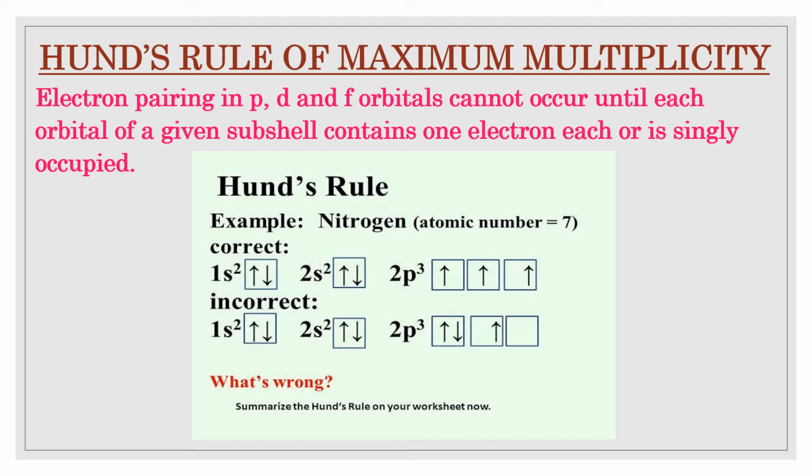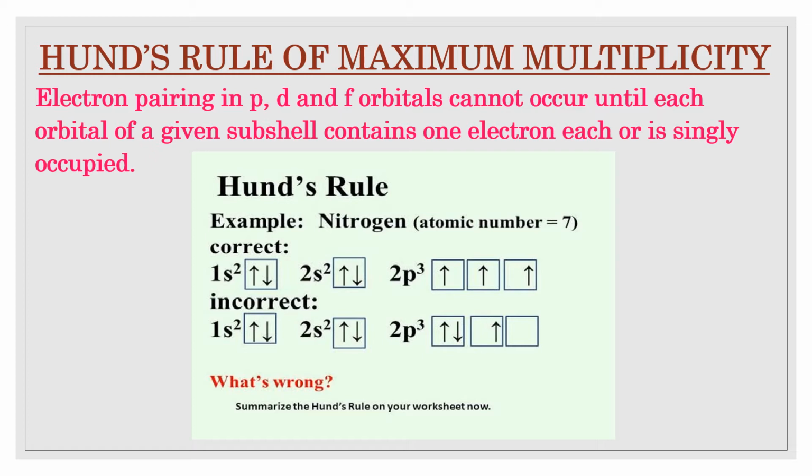Further, all the singly occupied orbitals will have parallel spin, that is in the same direction, either clockwise or anti-clockwise. This is because two electrons with parallel spins, of course in different orbitals, will encounter less inter-electronic repulsion in space than when they have opposite spins while staying in different orbitals.